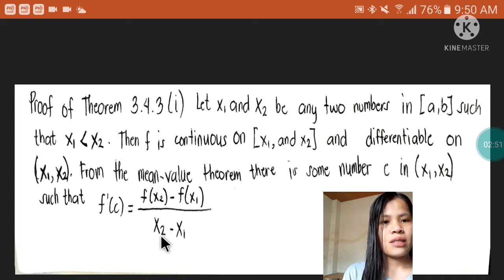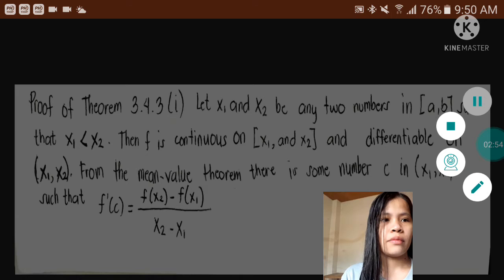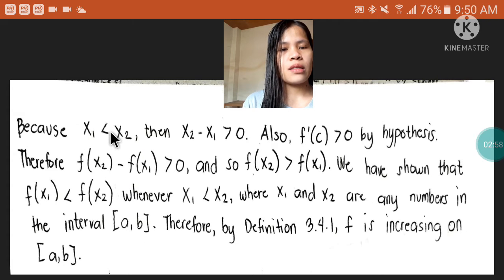Because x sub 1 is less than x sub 2, then x sub 2 minus x sub 1 is greater than 0. Also, f prime of c is greater than 0 by hypothesis. Therefore, f of x sub 2 minus f of x sub 1 is greater than 0. And so, f of x sub 2 is greater than f of x sub 1.